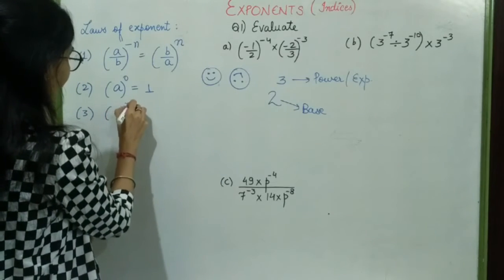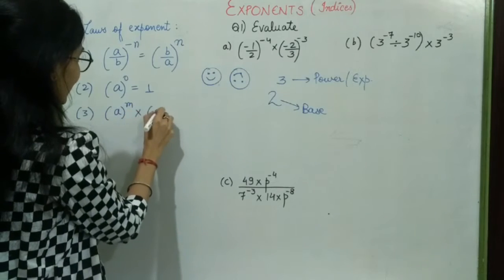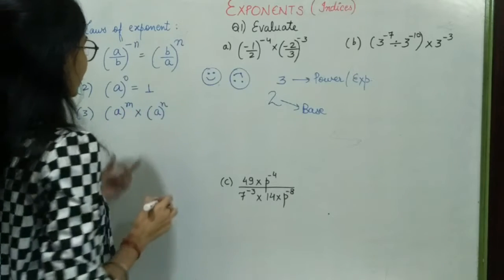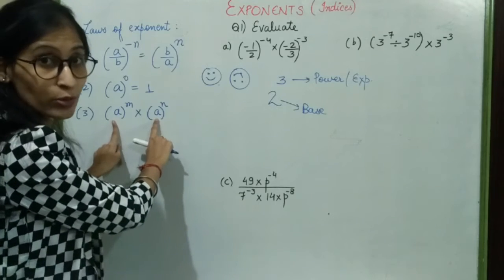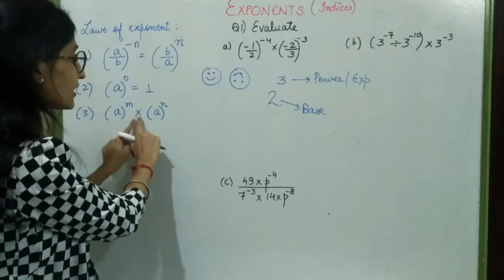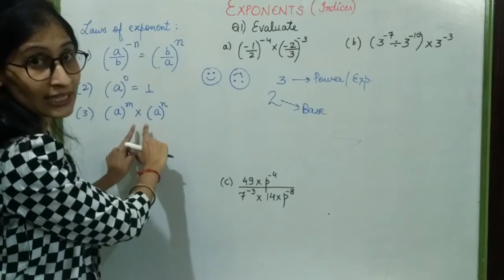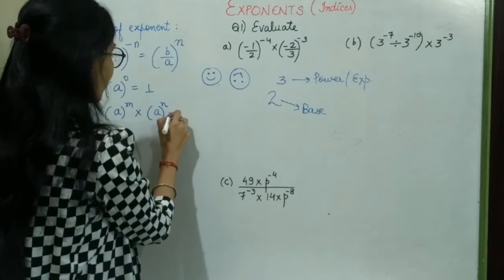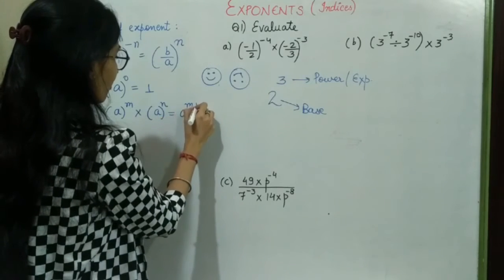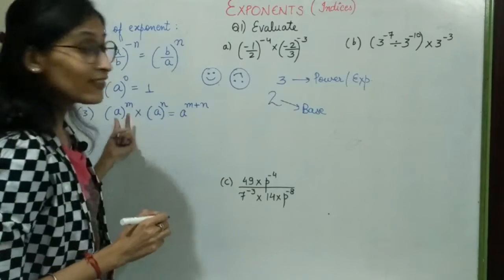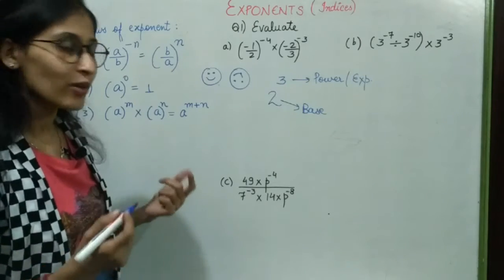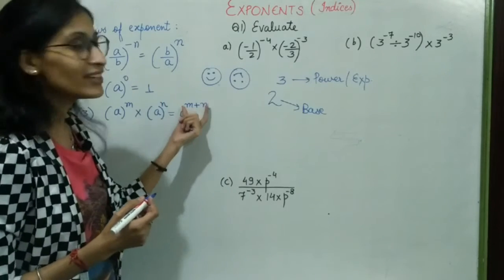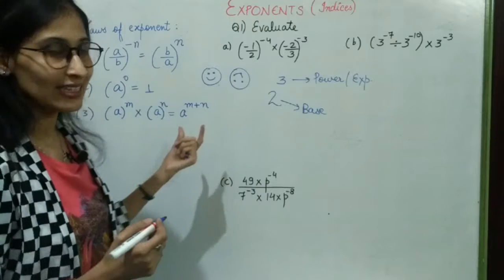a raised to power m multiplied by a raised to power n. If the number is written in this form, the base of the two numbers is same and there is a multiply sign in between, then we are going to add the powers. A raised to power m multiplied by a raised to power n can also be written as a raised to power m plus n.